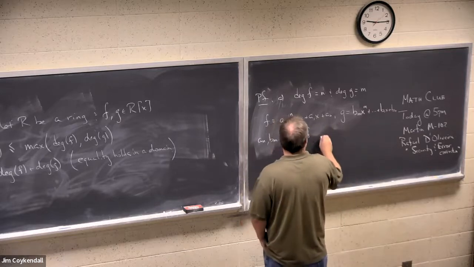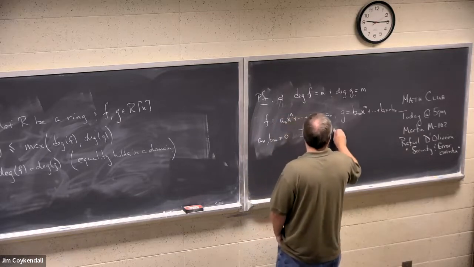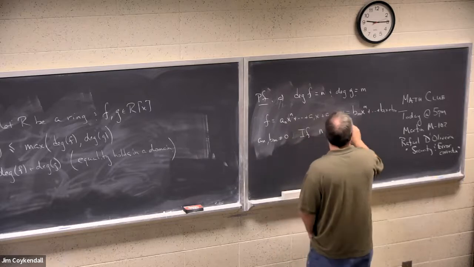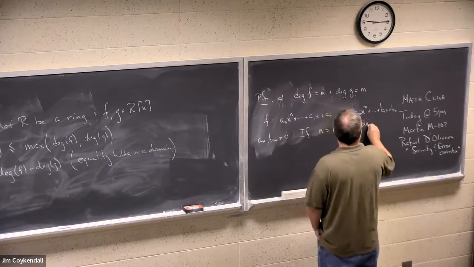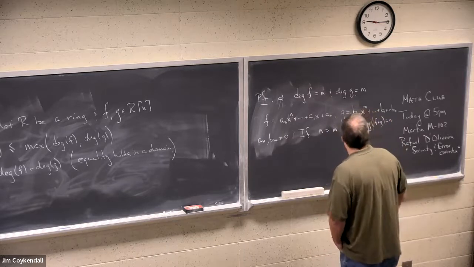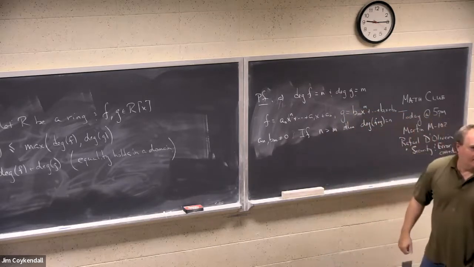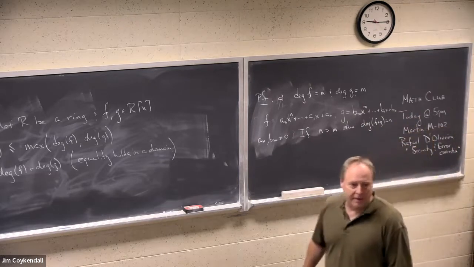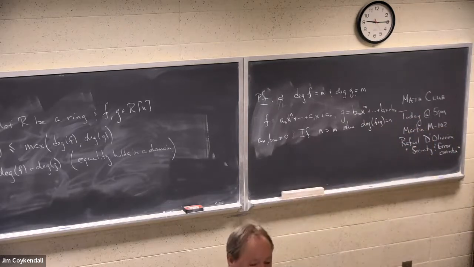If n is bigger than m, then degree of f + g equals n. So what I can conclude from this statement is if you add two polynomials that have different degrees, then you will actually have an equality for the max.